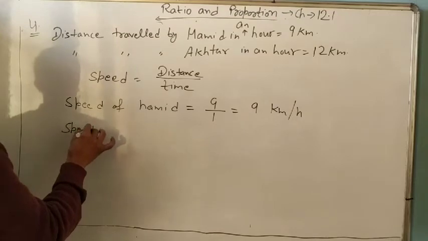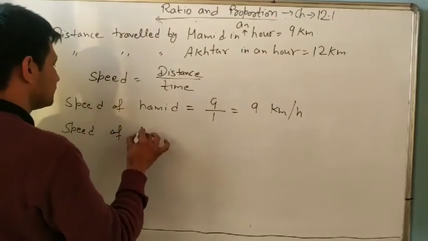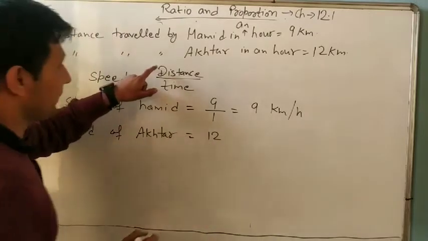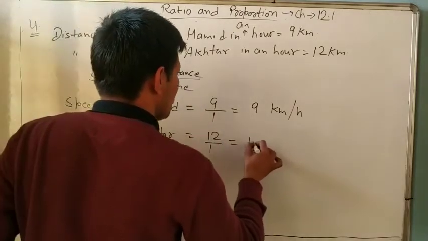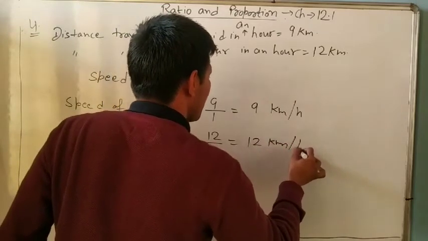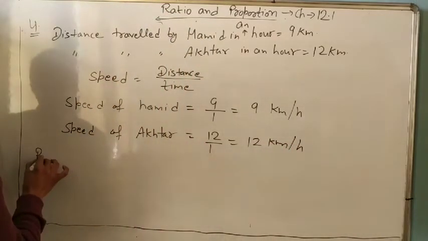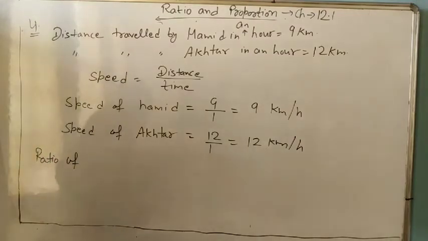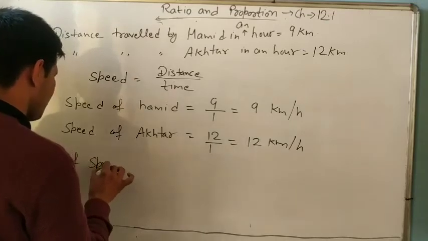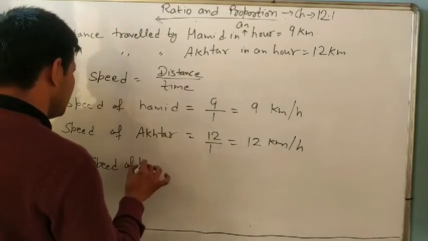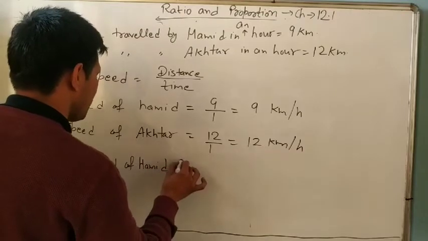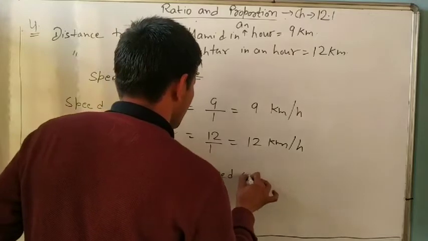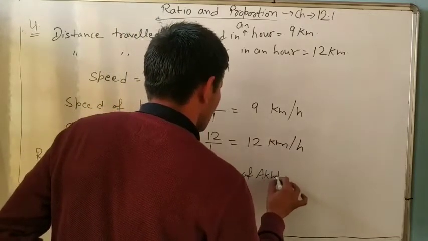It is the speed of Hamid. In the same way, find the speed of Akhtar. Distance 12 kilometers, time 1 hour. So 12 kilometers per hour. Now we have to find the ratio of the speed of Hamid to the speed of Akhtar.